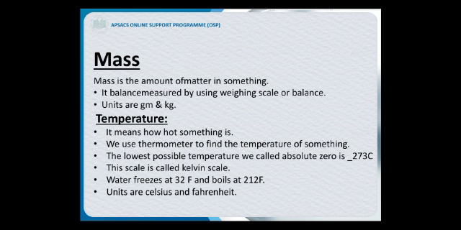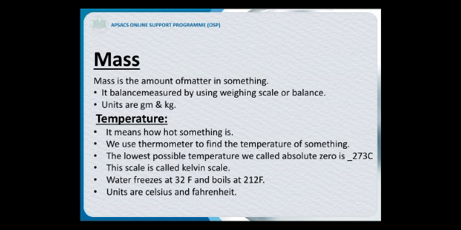Number three is mass. Mass is the amount of matter in something. It has some weight. For this purpose, a balance or a weighing scale is used to measure the mass. The units are gram and kilogram.